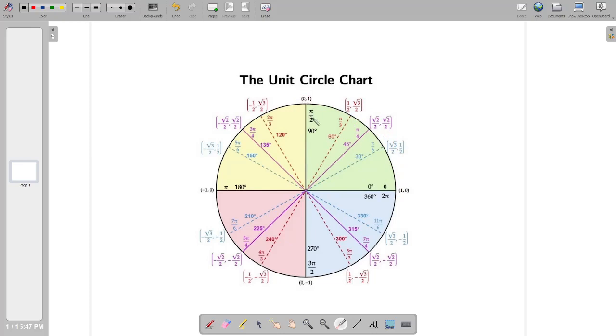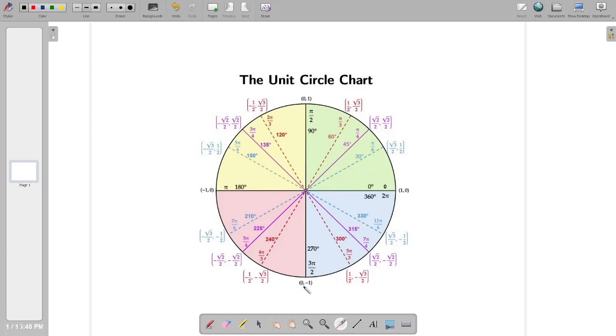This means that pi over 2 cannot be in the domain of tangent, nor can it be in the domain of secant. Now, if we continue to rotate around, we come across 0, negative 1, where we have an x value of 0 again. Since this x value is 0, we know that 3 pi over 2 can also not be in the domain of tangent and secant.